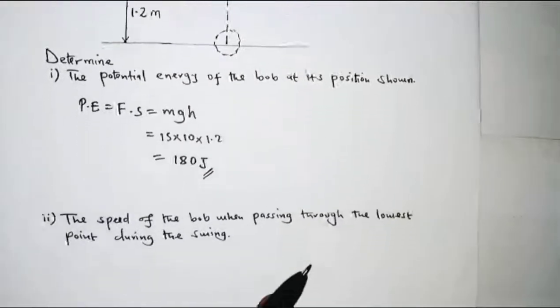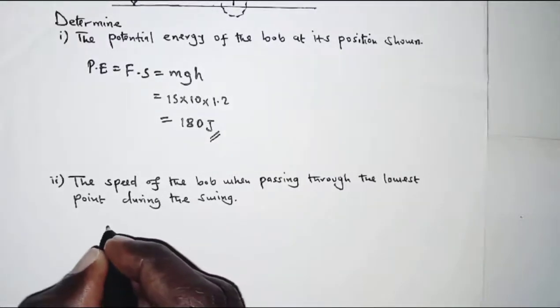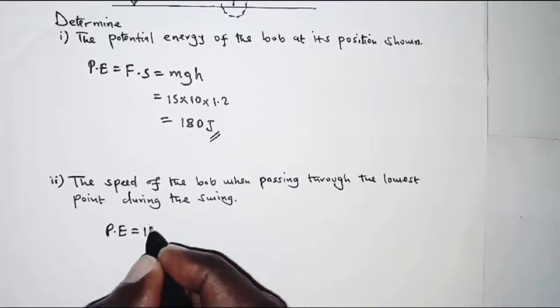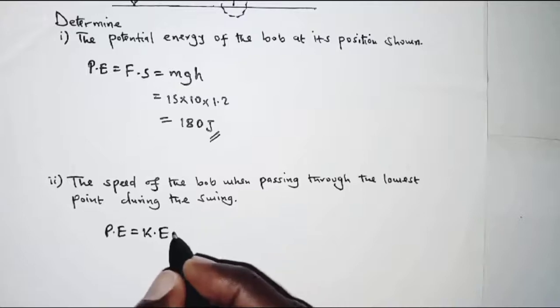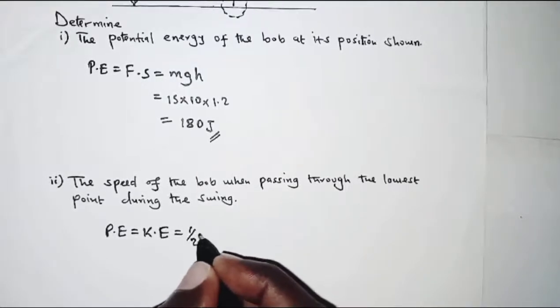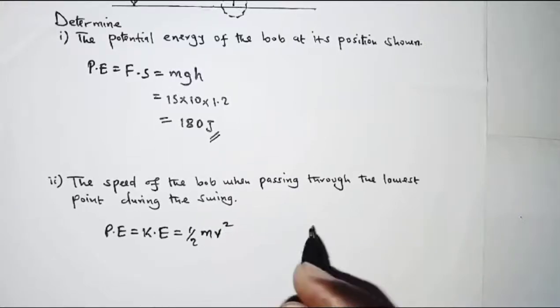So we will say that at the lowest point, the potential energy is equivalent to the kinetic energy. And we know that kinetic energy is given by the formula a half times the mass times the velocity squared.